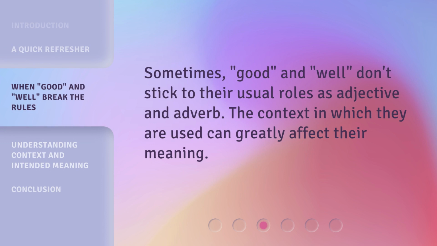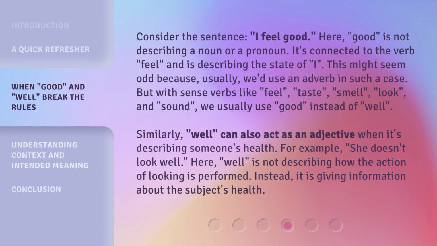Sometimes, good and well don't stick to their usual roles as adjective and adverb. The context in which they are used can greatly affect their meaning. Consider the sentence, I feel good. Here, good is not describing a noun or a pronoun.